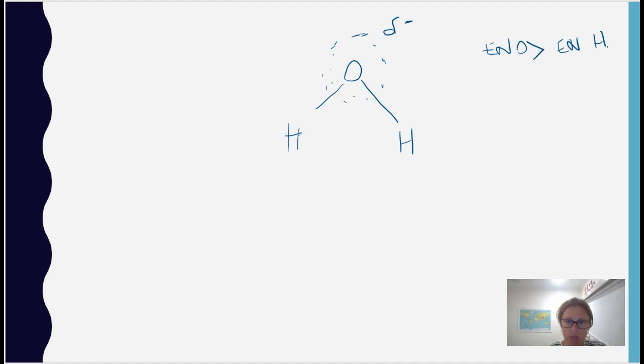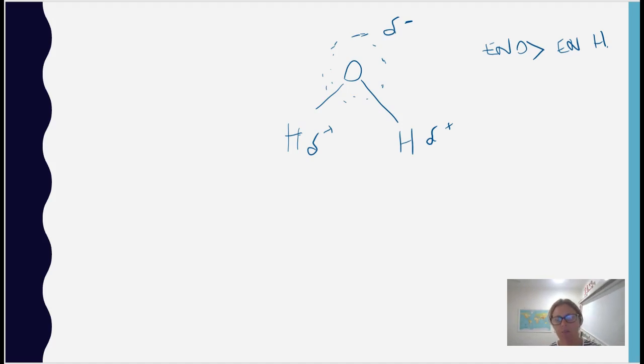So if the electrons are spending more time in this region, they're going to have a slightly negative charge, which is going to make our hydrogens here have a slight positive charge. Okay, and that's what we call a polar covalent bond.